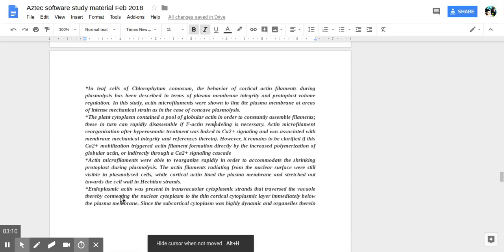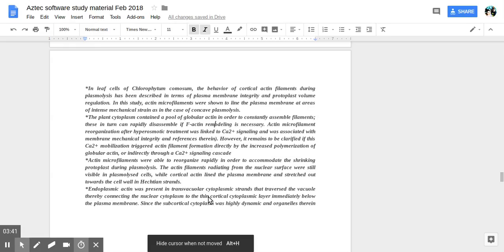Endoplasmic actin was present in transvacuolar cytoplasmic strands that traversed the vacuole, thereby connecting the nuclear cytoplasm to the thin cortical cytoplasmic layer immediately below the plasma membrane.